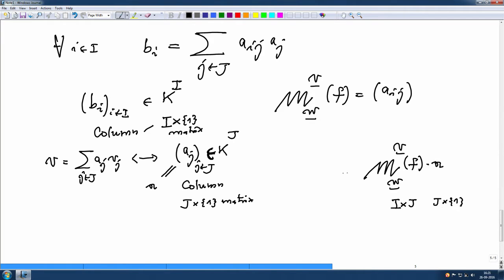The multiplication is defined because the columns of the first are indexed by the set J, and here the rows are numbered by J. So this makes sense, and the result will be an I cross 1 matrix. The candidate for that is this vector b, small b. So the result is that these two are equal.